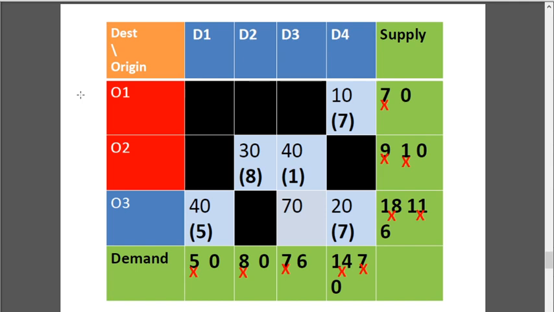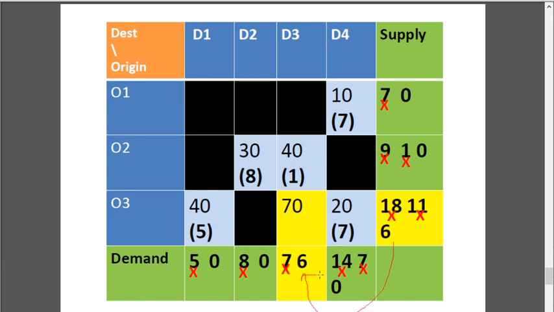Next, again I will go to O1. There are no cells to process here. Next I will go to row 2. Again there are no cells to process here also. Next again I will come back to row 3. In row 3, the last remaining cell is this with a cost of 70. Supply is 6 and demand is also 6.